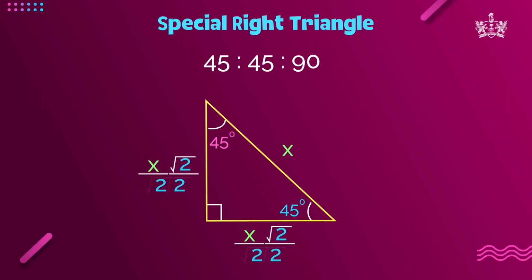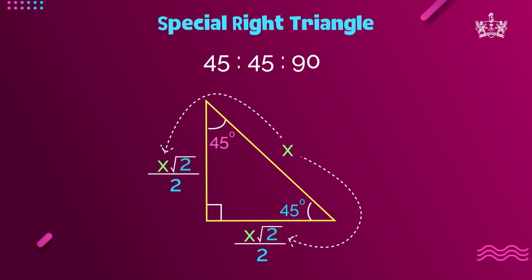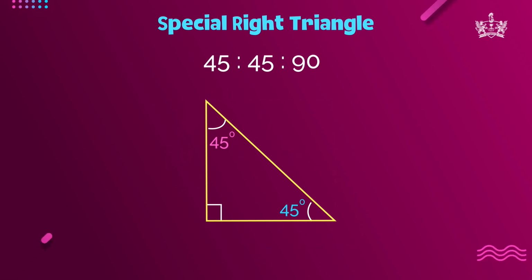Or, after rationalizing, we multiply the hypotenuse by root 2 over 2. For example, let's say we have this 45, 45, 90 right triangle, and we are given one of the sides as 8. We automatically know the other side must be 8 as well. And the hypotenuse will be 8 times the square root of 2.